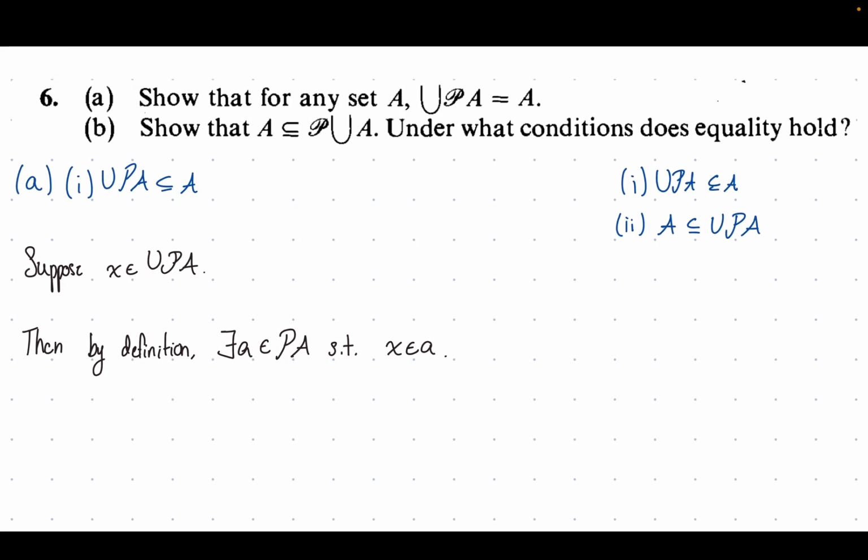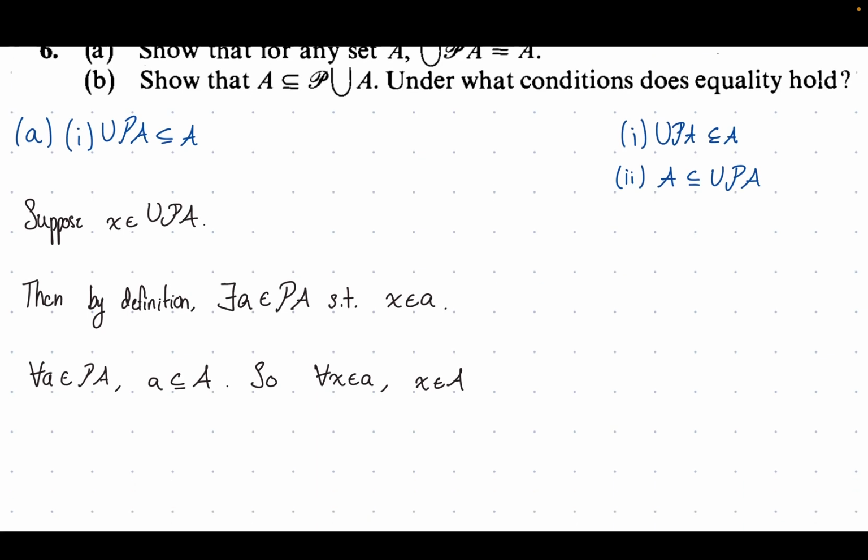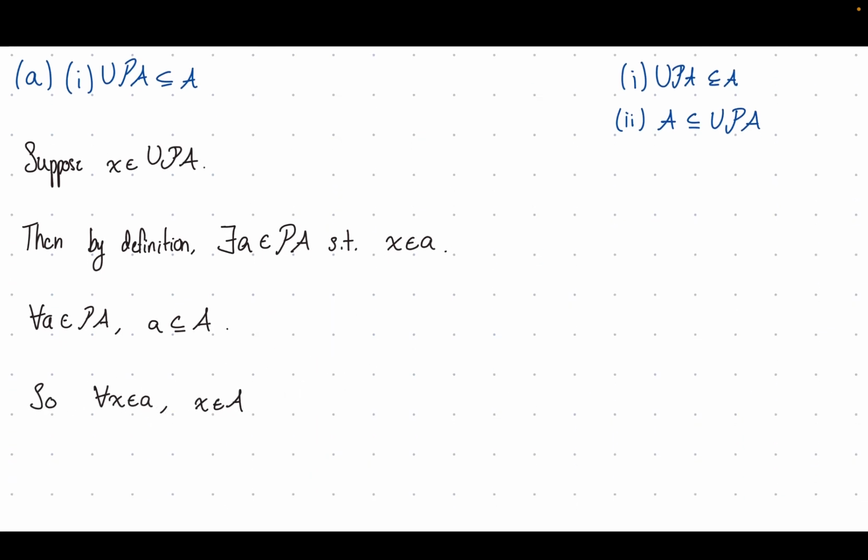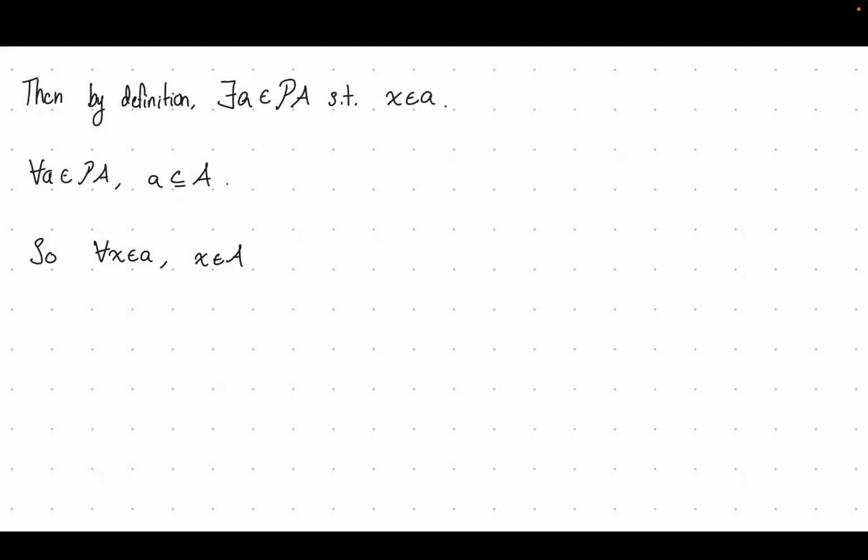But it's also important to note that for all little a in the power set of A, little a is a subset of big A. So for all X in little a, X is in big A. And this just tells us straight up that for all X in the union of the power set of A, X must be in A as well.